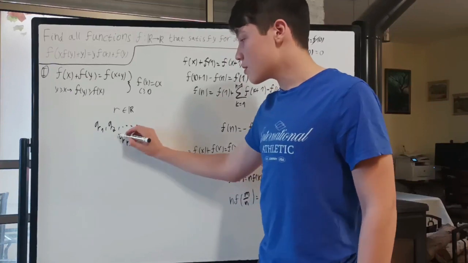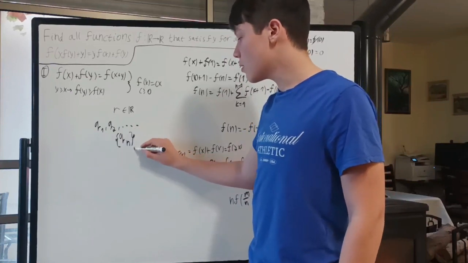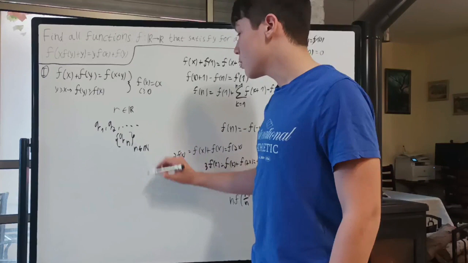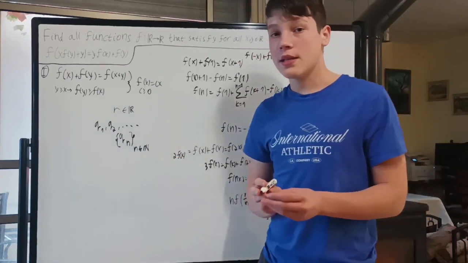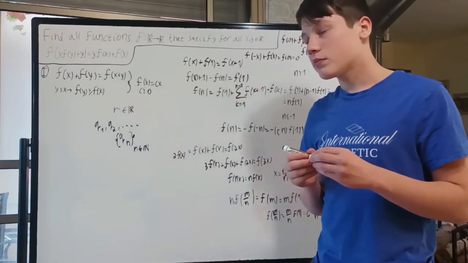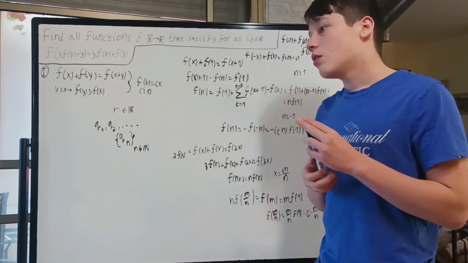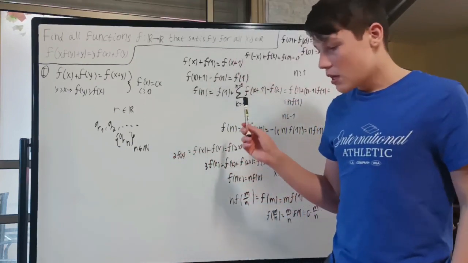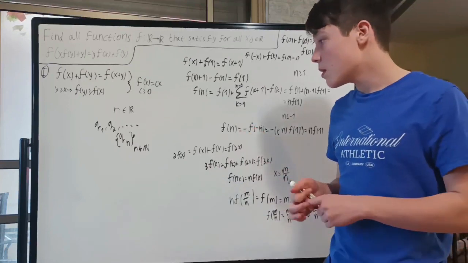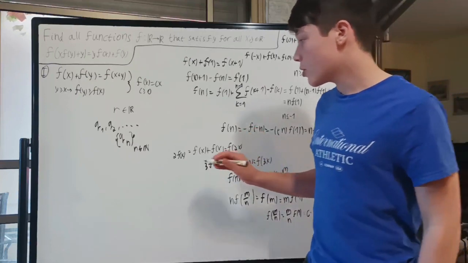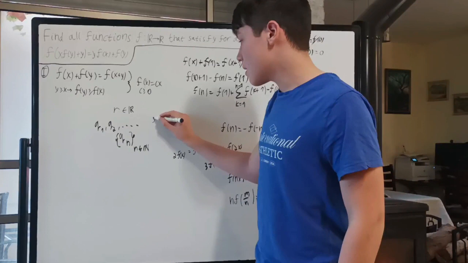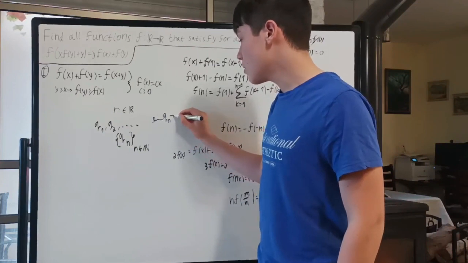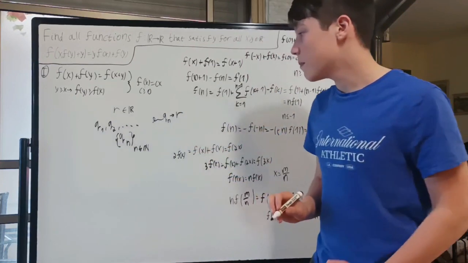So a general series Qn, where Qn is a rational number, such that the limit of Qn approaches R.